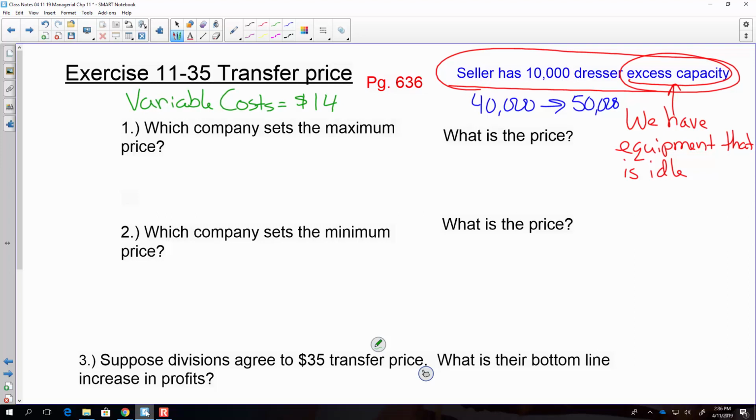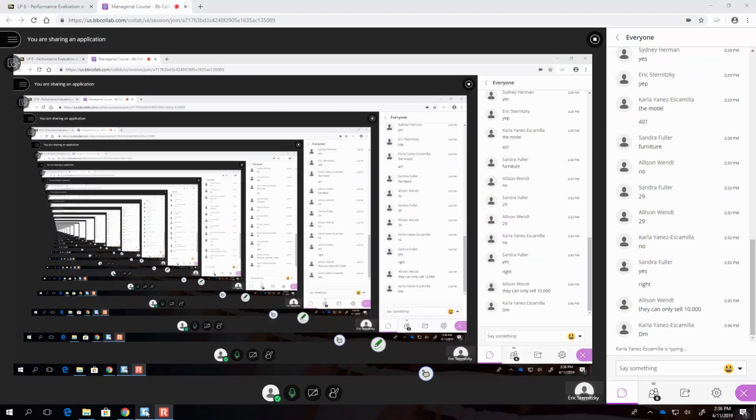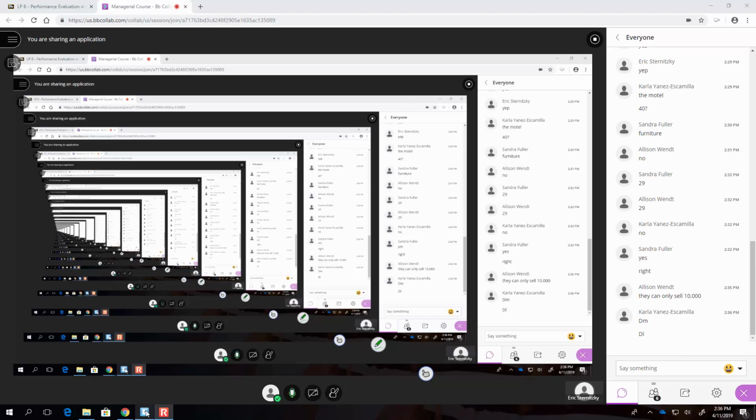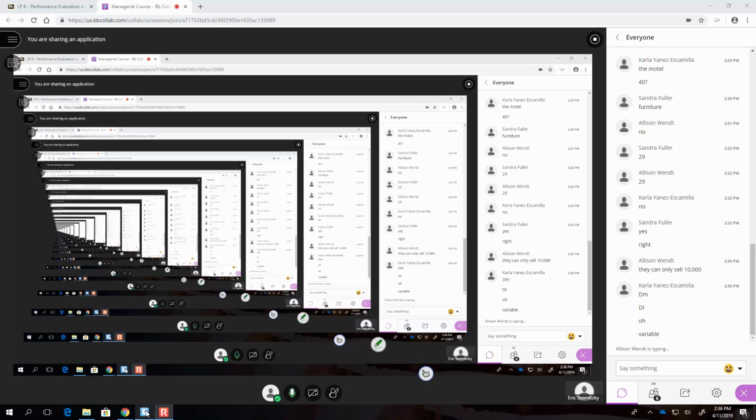What three items are in variable cost, guys? Yep, direct material, labor, good, Carla. Which kind of overhead? Obviously, variable overhead. So that's what we're adding up here.